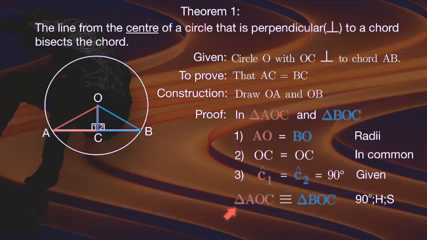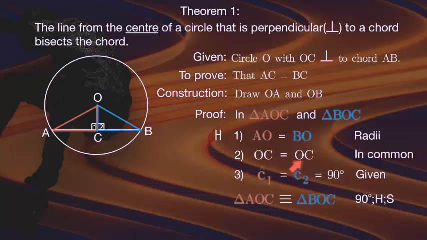So I write down triangle AOC is congruent to triangle BOC, and then I have to write down one of the four reasons for congruency. Now AO is the hypotenuse in this right angle triangle, and BO is the hypotenuse in this right angle triangle, and they are the same. So these two sides are the hypotenuses for both the triangles.